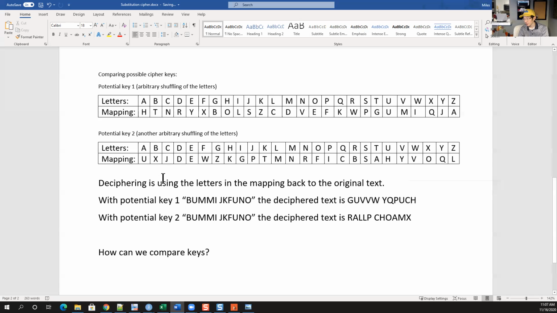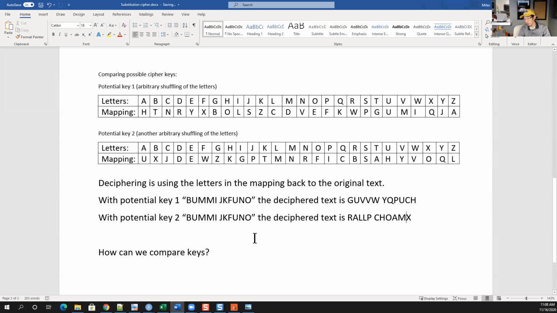Okay, and then here's another potential key. If I apply this one, B goes back to R, the U goes back to an A, and then M goes to L, and then I goes to a P, and then you do the other letters and you get this.